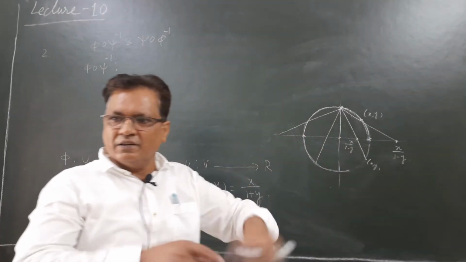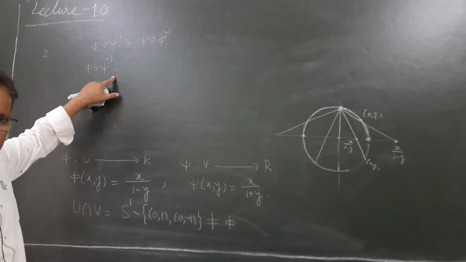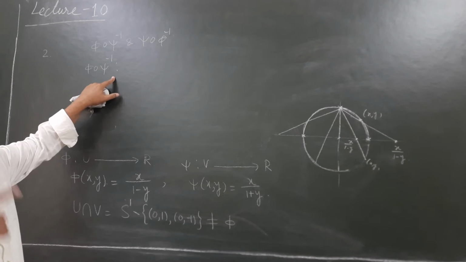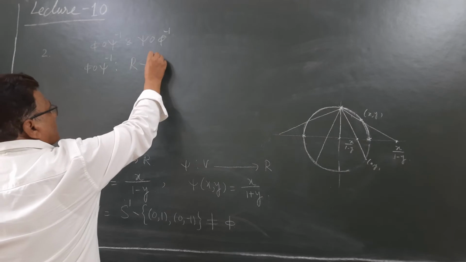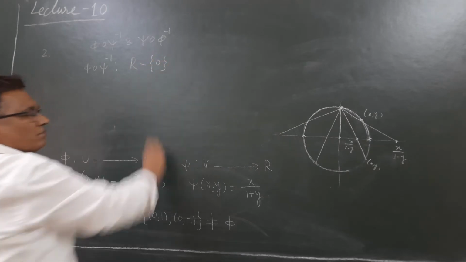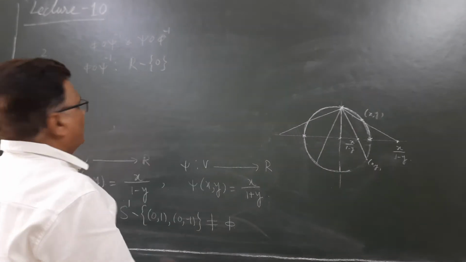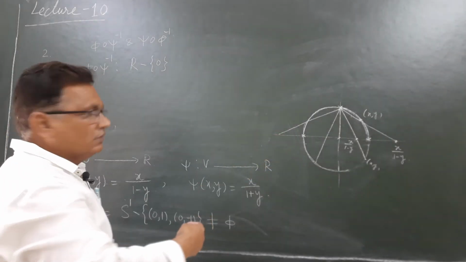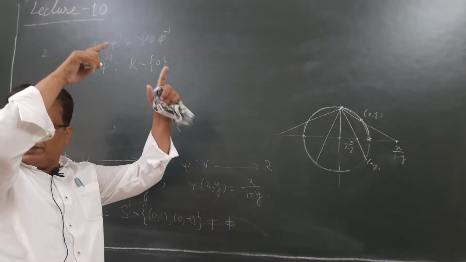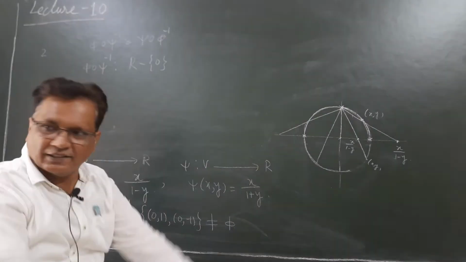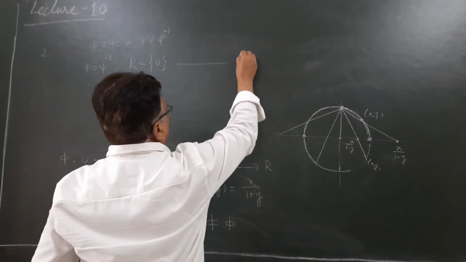So the domain will be the entire real line except 0, that is R minus the singleton 0, and you will go into R. Psi inverse will map R onto the circle, and phi will bring it back to R. So this will be the map from here to here.